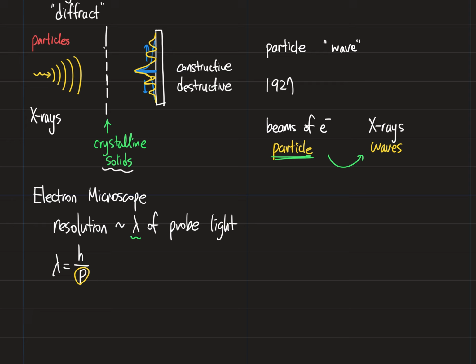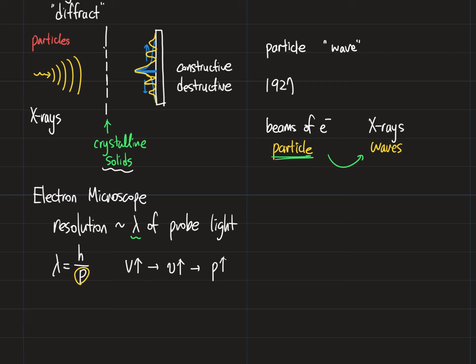By using high voltage, we can give the electrons a large momentum. If you apply a large potential, the electrons will gain high velocity, which results in high momentum, which in turn results in extremely small de Broglie wavelengths, which can be much smaller than the wavelengths of visible light.